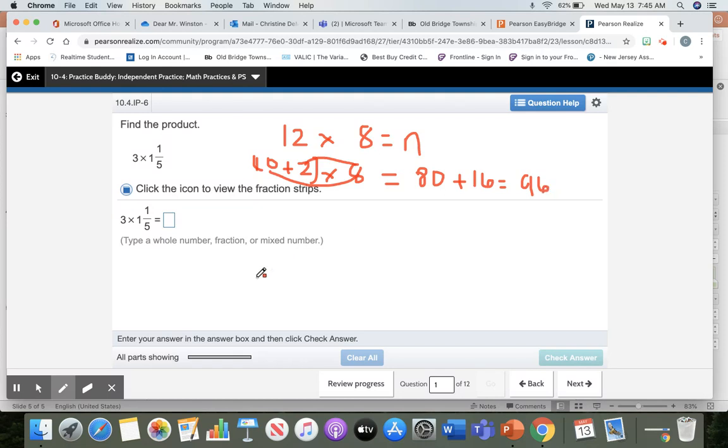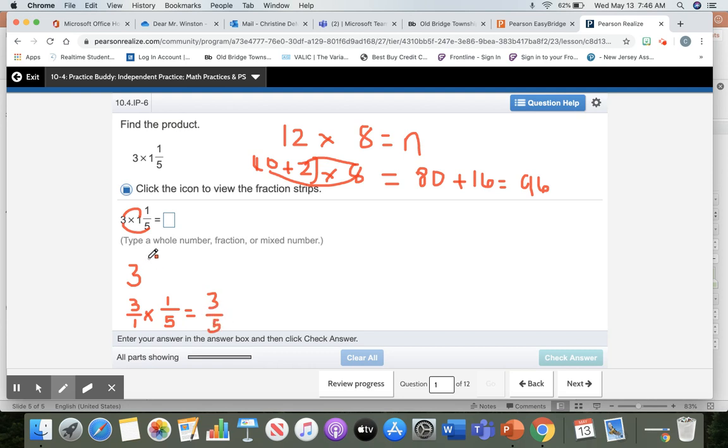Okay, well, it's saying the same thing for fractions. So what I can do first is I can do 3 times 1, which gives me 3. And then I can do 3 times 1/5. So if you do 3 times 1/5, remember that's 3 over 1 times 1/5, and it gives you 3/5.